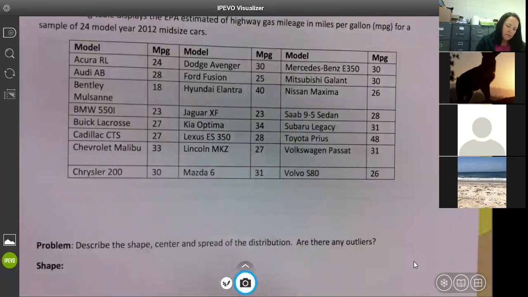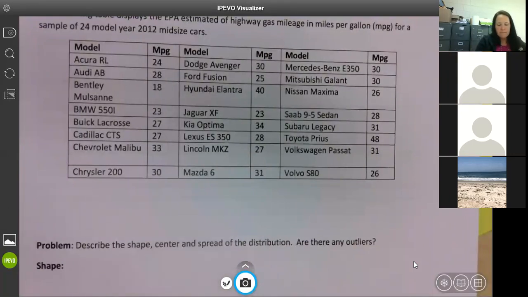So go into stat and then what? Edit. We put them all into L1, or should you split up L1, L2, L3? L1.